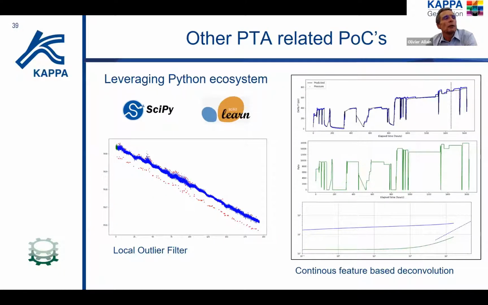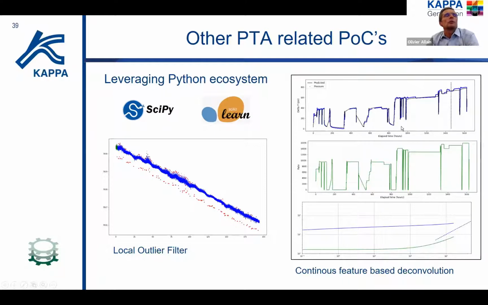We have done a number of other things using Python and using the Python SDK. Now, as you know, around Python, there is a very large ecosystem of scientific libraries or, let's say, machine learning and data analysis libraries. We have used here two things. So on the left is something pretty simple for outlier removal that we trialed as an experiment.